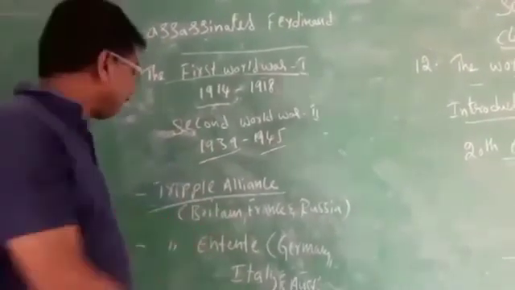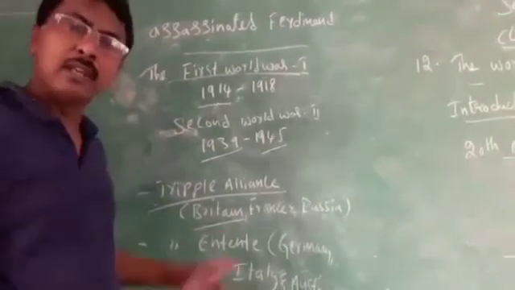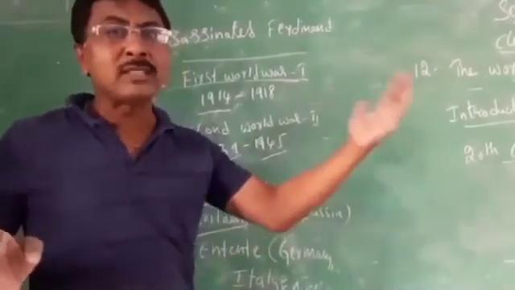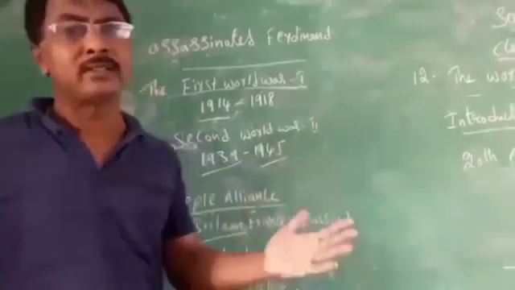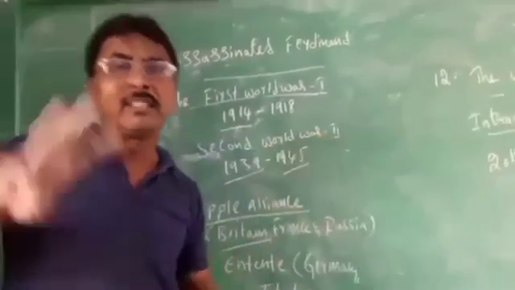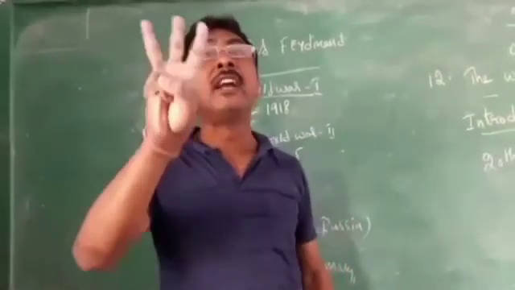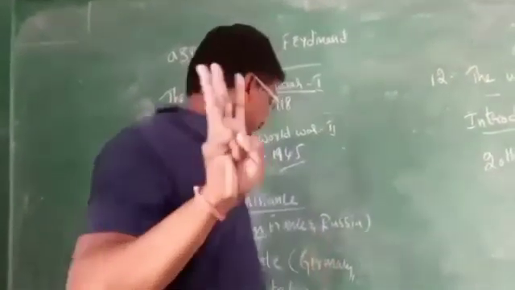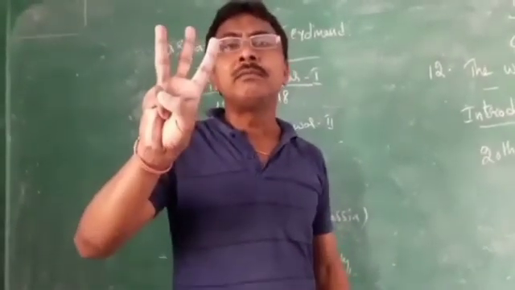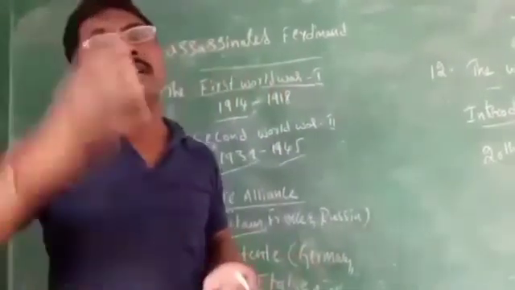We can call England Britain also. So on one side, Britain, France, Russia, and on the other side Germany, Italy, Hungary. These are the three.